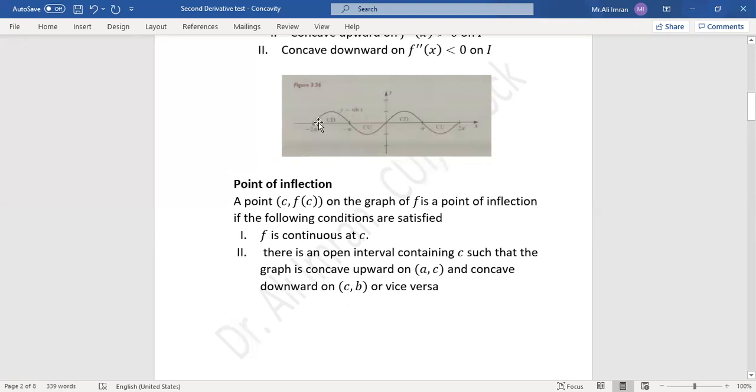If you see this portion of the graph, this is concave downward and this is concave upward, and at this point, x is equal to minus pi, this is a point of inflection. This is also a point of inflection, where the graph changes from concave upward to concave downward. This is the point of inflection at x is equal to 0, and x is equal to pi is already demonstrated.